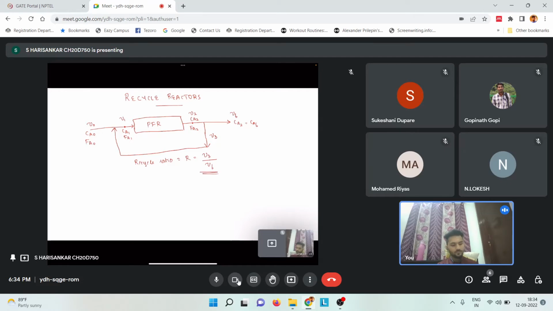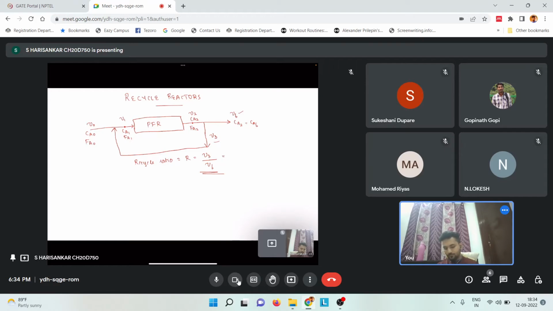Okay, so this is called the recycle ratio, or basically the flow rate of the recycle part here divided by the final flow rate. So that is called the recycle ratio for a recycle reactor.